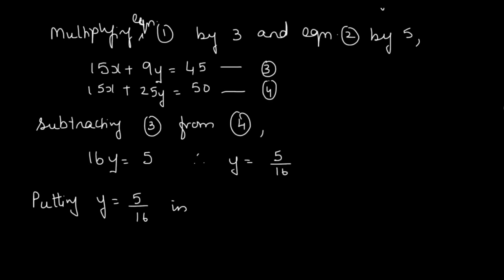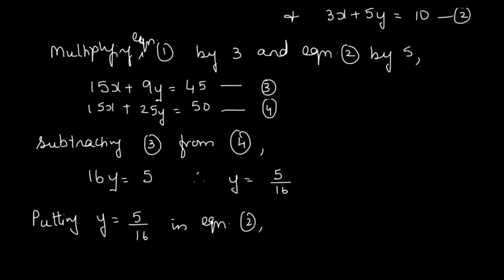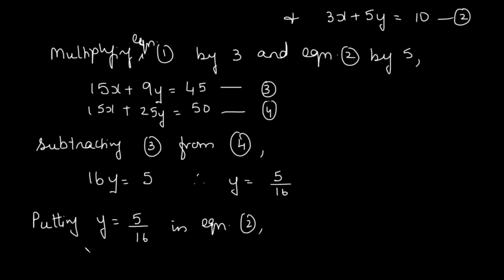Now we put y is equal to 5 upon 16 in any one of these equations which is convenient for us. So in equation 2, we get 3x plus 5 into 5 upon 16 is equal to 10.